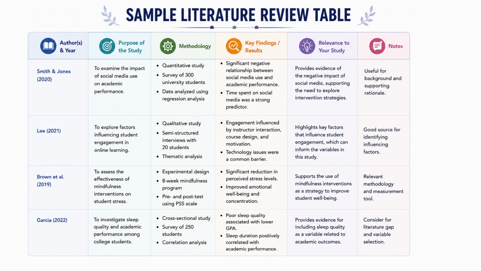Below each sub-theme, there should be a literature review table so that it will summarize the content in the sub-theme. So make sure that you are writing in your own words. You are paraphrasing and writing in your own words.